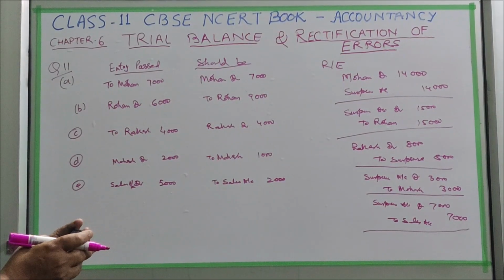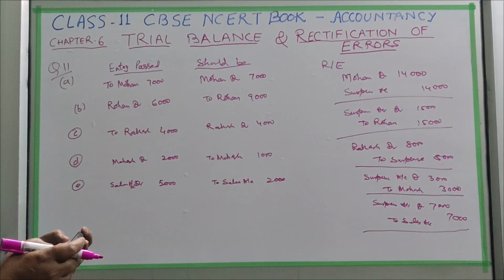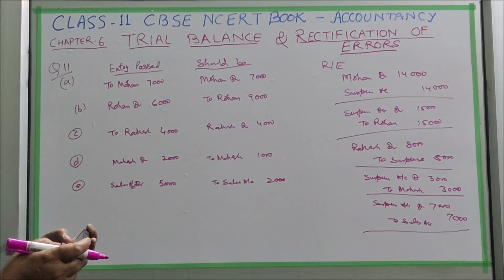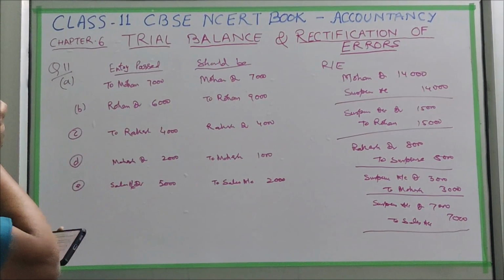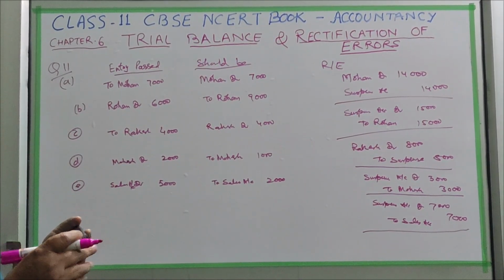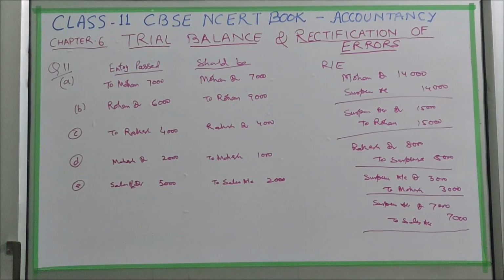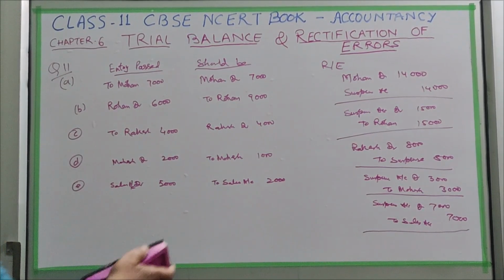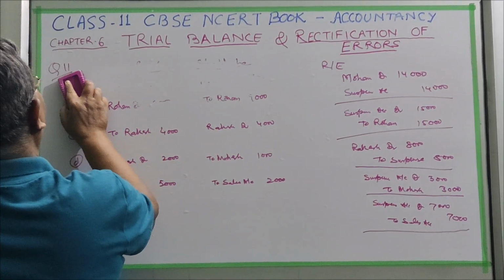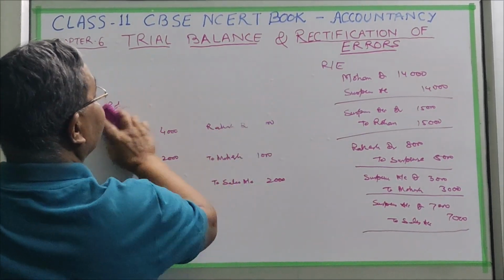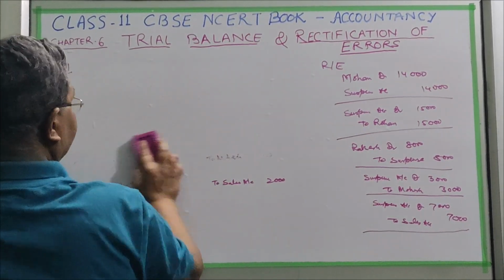And in the second part of the question, rectify the errors in suspense account, ascertain the difference in trial balance. One more work is given to you, ascertain the difference in trial balance. So how can you ascertain? You have to make a suspense account and then you can tell what is the difference in trial balance.